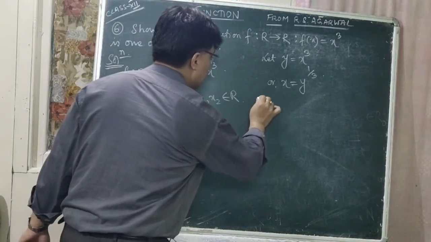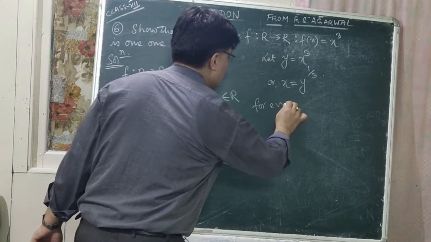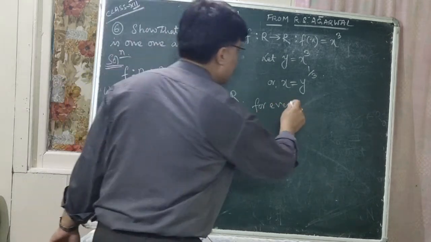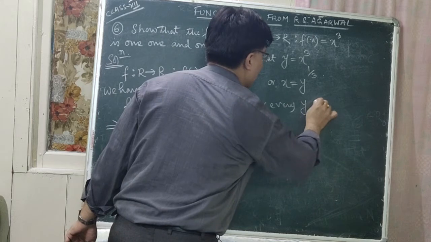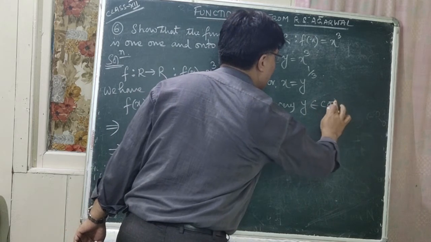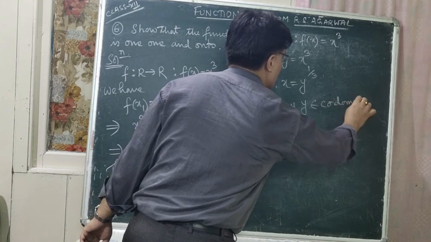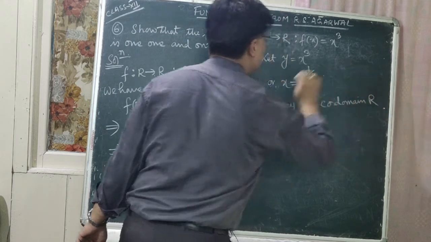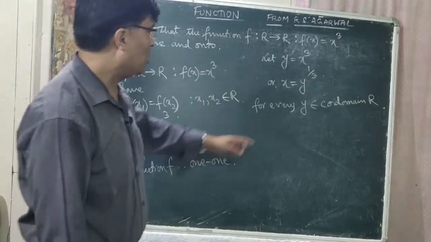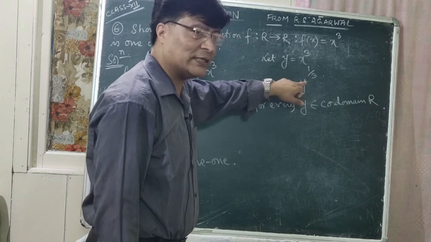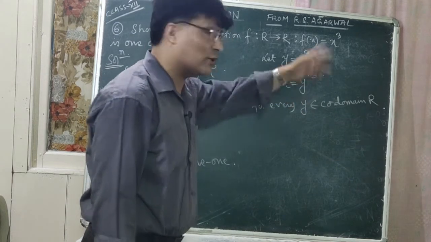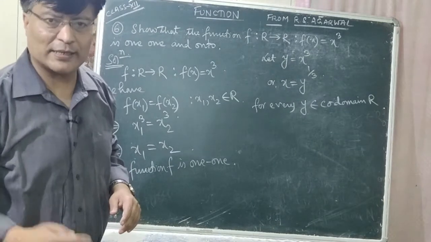Now here you have to write, for every y belongs to codomain R. If y is a real quantity, then y to the power 1/3, that is x, is also a real quantity. You know that, isn't it?